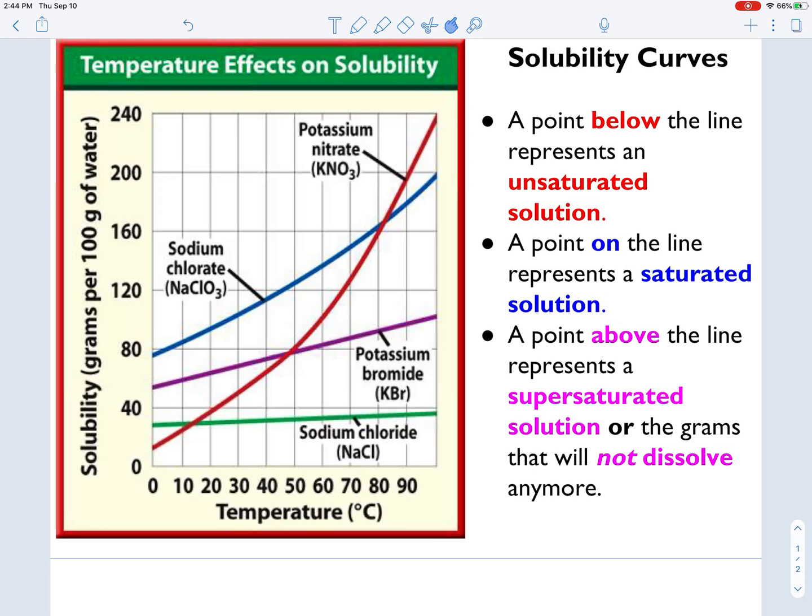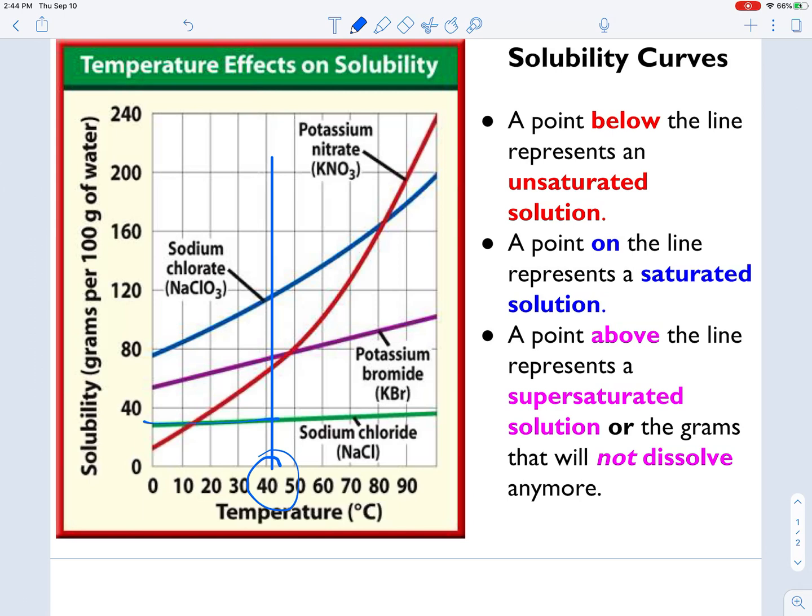A graph like this, though, also allows us to get some numbers. So for instance, at 40 degrees, at the bottom, if I draw a vertical line up, I can see how much each of these solutes will dissolve in 100 grams of water by reading the y-axis.